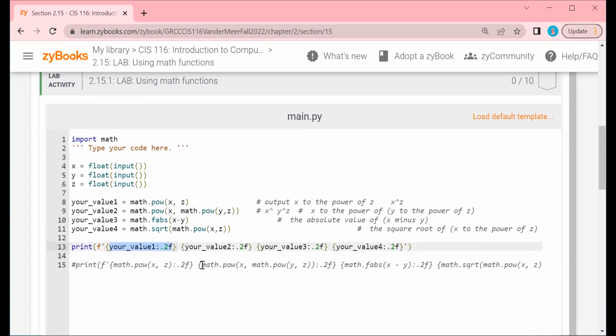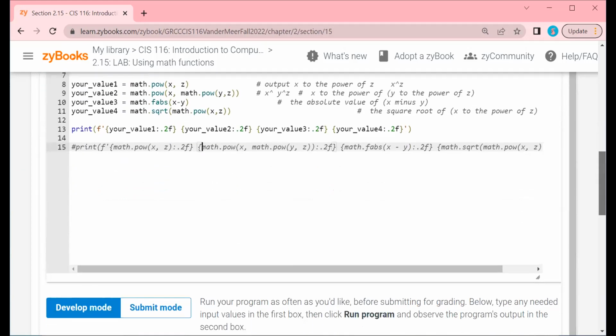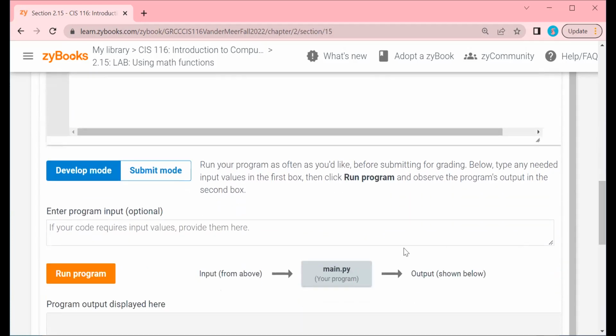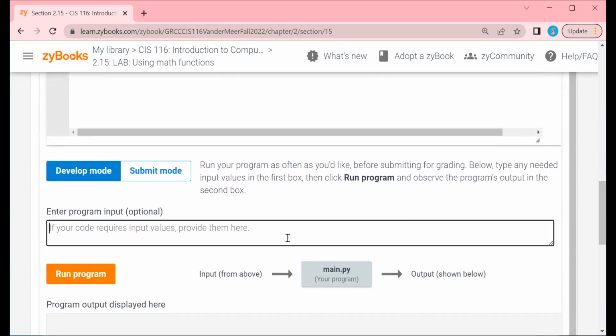Okay, I gotcha. So there are no commas needed in between those? I better run this just to make sure. Okay, we have to enter in 3 numbers, so let's say 5.6, 2.8, 9.4.